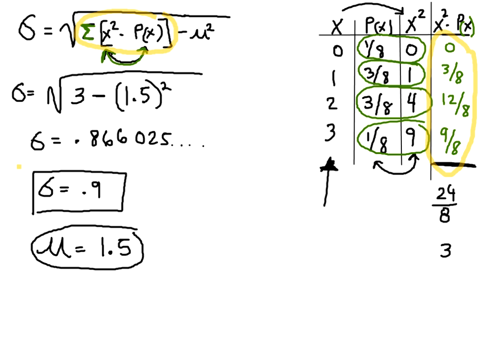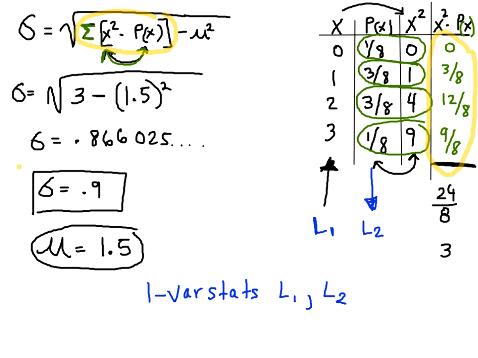All right, so on the calculator, this is how we would go about it. The random variable is your L1. Your probability is your L2. So if you're doing this on the calculator, it's just going to be a 1 var stats on L1, comma L2.